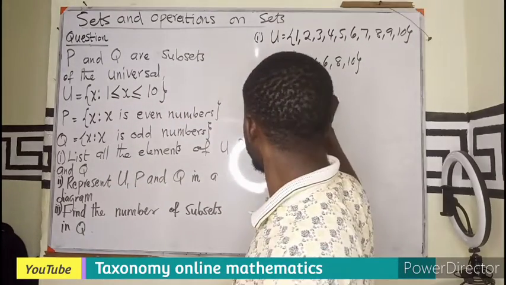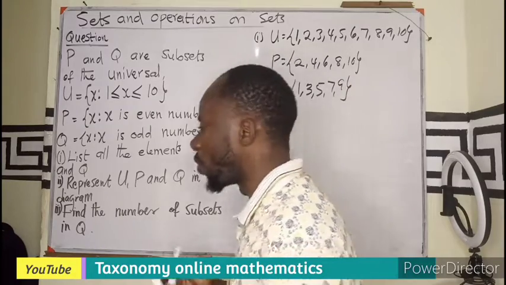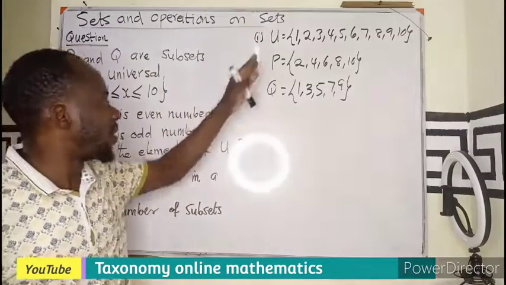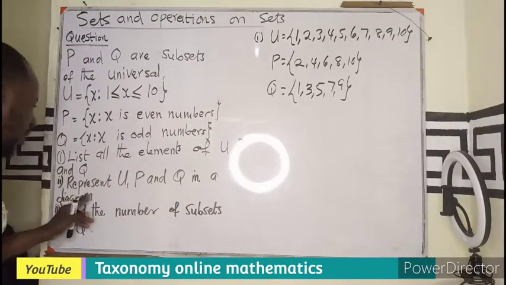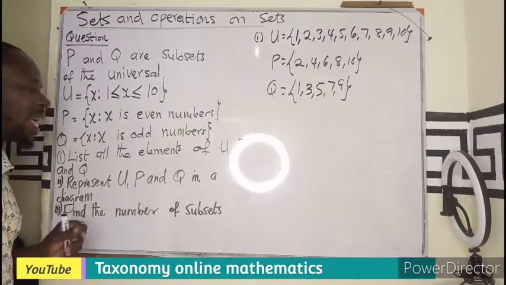Then we go for odd numbers. So this is also the set Q. So we are done with the first aspect of the question. The second one: represent U, P, and Q on a Venn diagram.